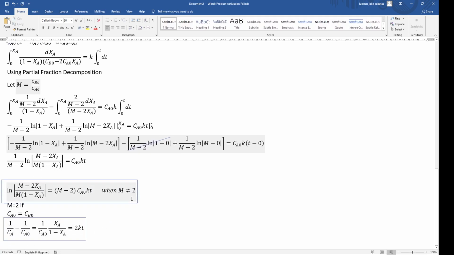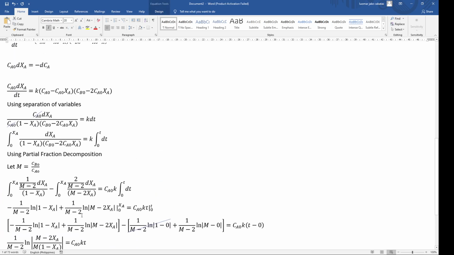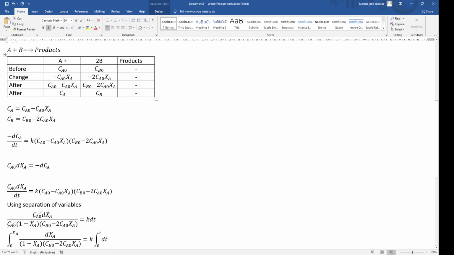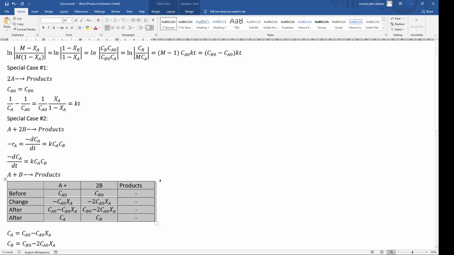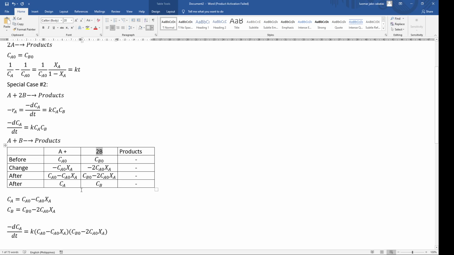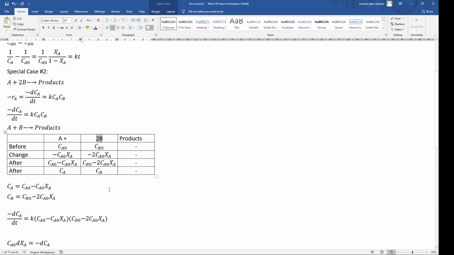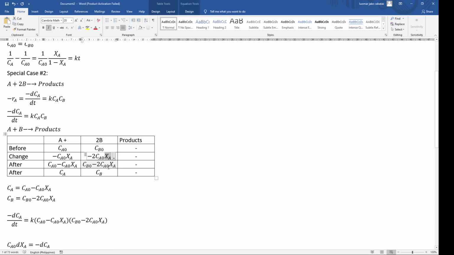Kani siya applicable if m is not equal to 2, kay mag-0 man ni siya. Kanina wala ta niagi og BCA table kay equal raman 1 is to 1 naman ang stoichiometric ratio. Although pwede gapon ta magamit, ang atong magamit sa pag-integrate is XA.